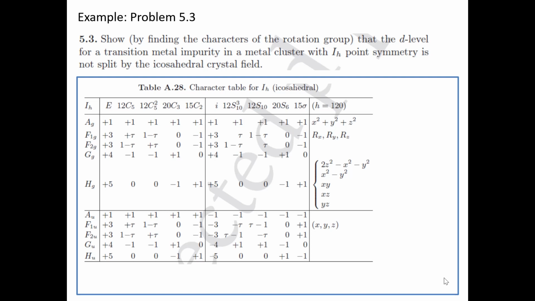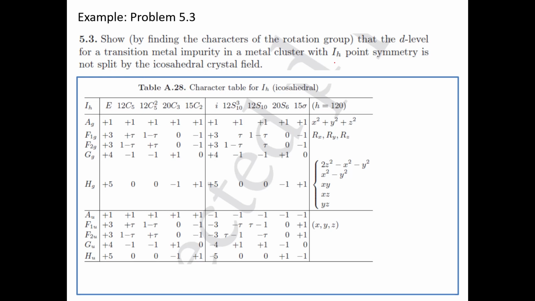First of all, I'd like to do an example to solve problem 5.3 of the textbook. Show that the D level for a transition metal impurity in a metal cluster with IH symmetry, so with icosahedral symmetry, is not split by the icosahedral field.